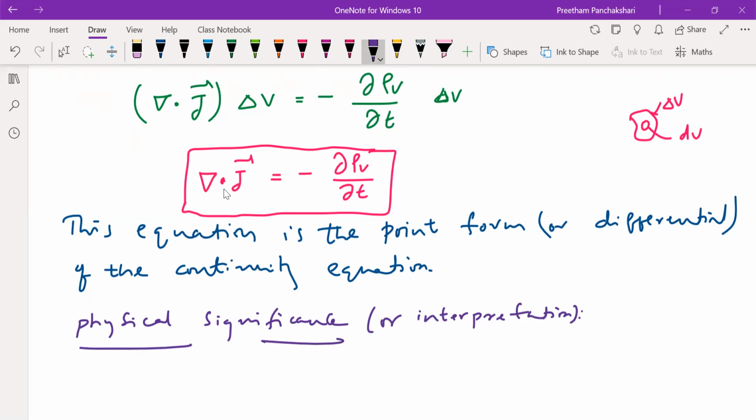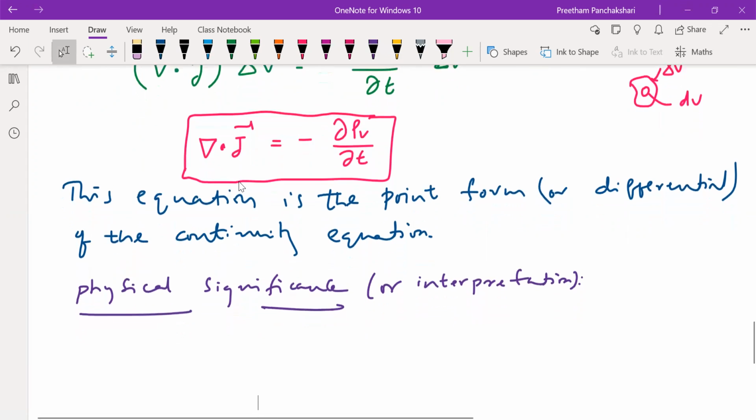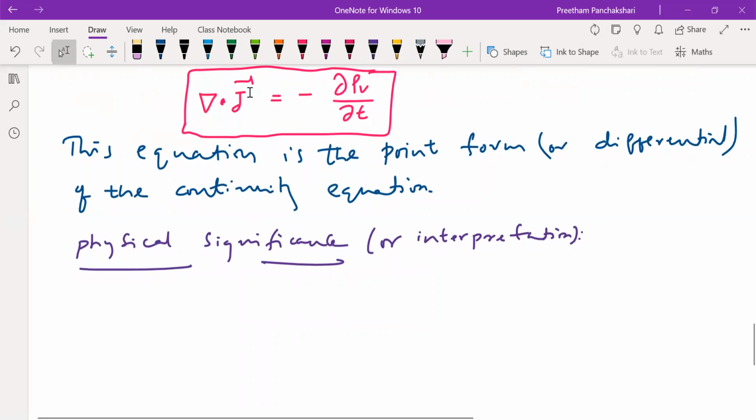Look at the left hand side of this point form, that is del dot J. Del dot we know is the divergence. Del dot represents the mathematical operation, divergence. The divergence of J. J is the current density.